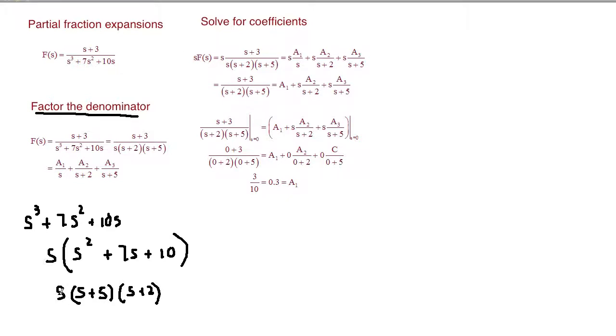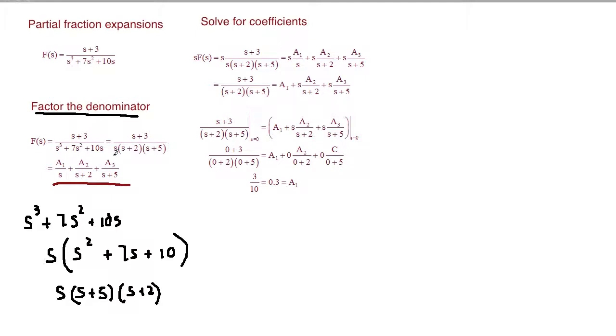Now, with partial fraction expansions, what we're going to try to do is take this expression right in here and write it in this form, where we write it as a1 divided by s plus a2 divided by s plus 2 plus a3 divided by s plus 5.